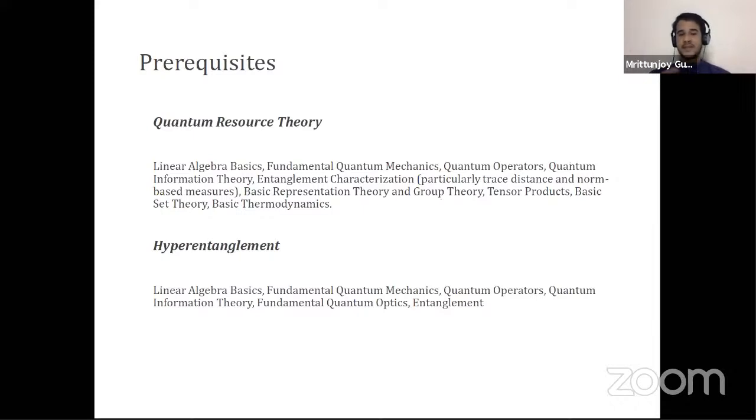But here, if one were to look at the illustrative example, one has to have a slight idea about quantum optics. That is what I would like to explore further if I do look into this topic, particularly nonlinear optics and linear optical systems and how they can provide a hyperentangled or hybrid entangled state, so to say. Yeah, thank you.